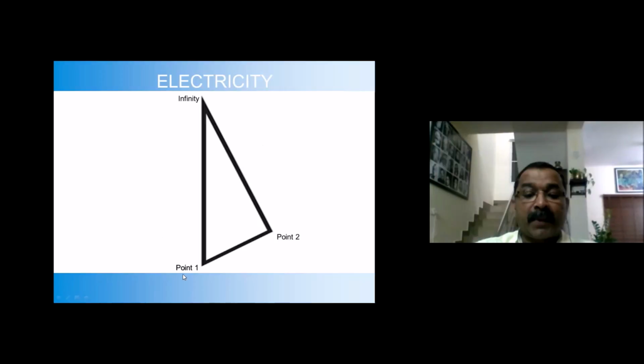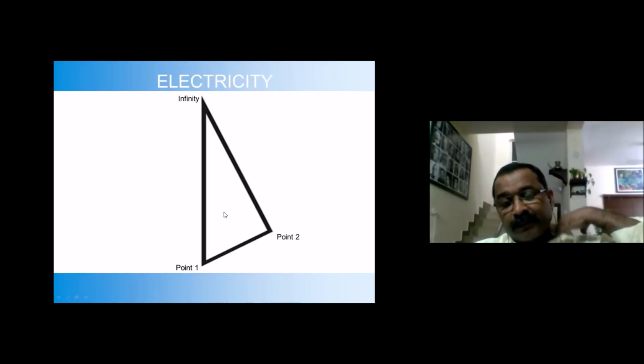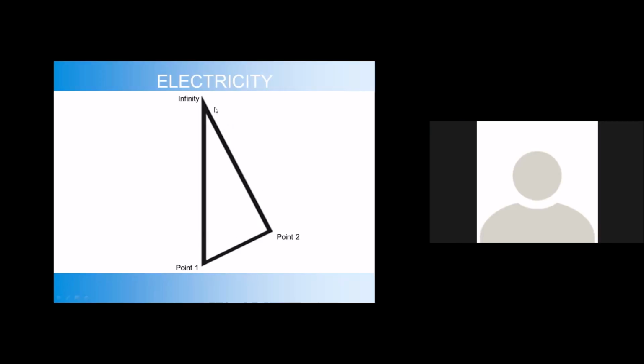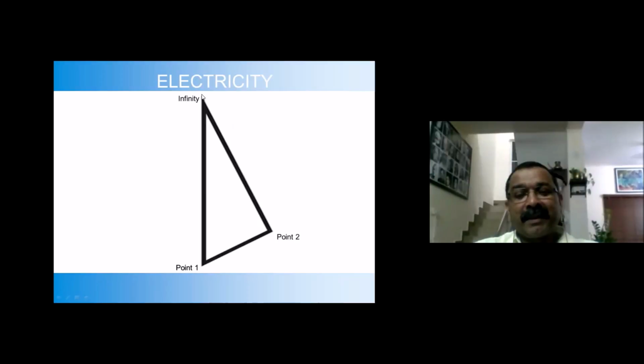If there are so many points in this world, or in our earth, and you are asked to name a common point to all these points, it will be located at infinity.